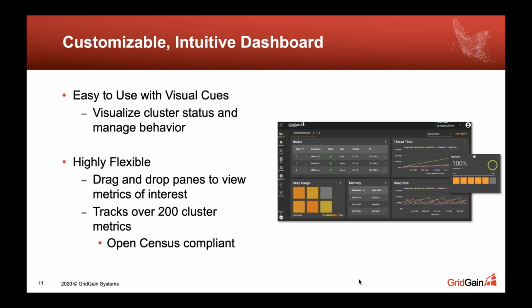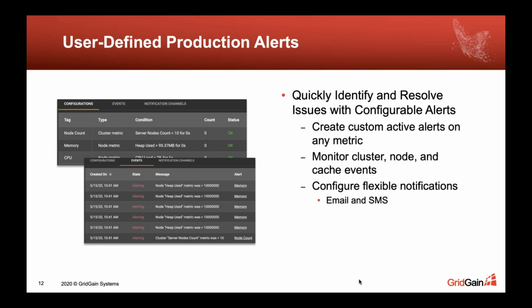So the moment you connect to a GridGain 8.7 or Ignite 2.8 cluster, we'll start collecting metrics and showing them. As part of this redesign of our metrics framework, you now have access to over 200 metrics that you can analyze and build alerts around, as well as just monitor in either Control Center or any other tool that you might be using that supports OpenCensus.